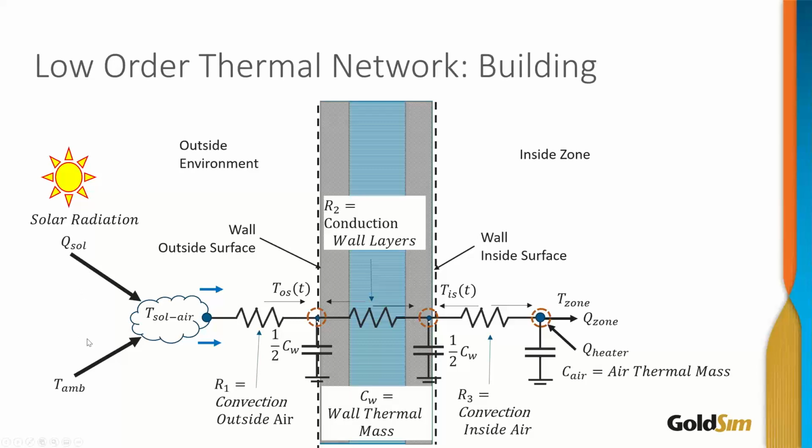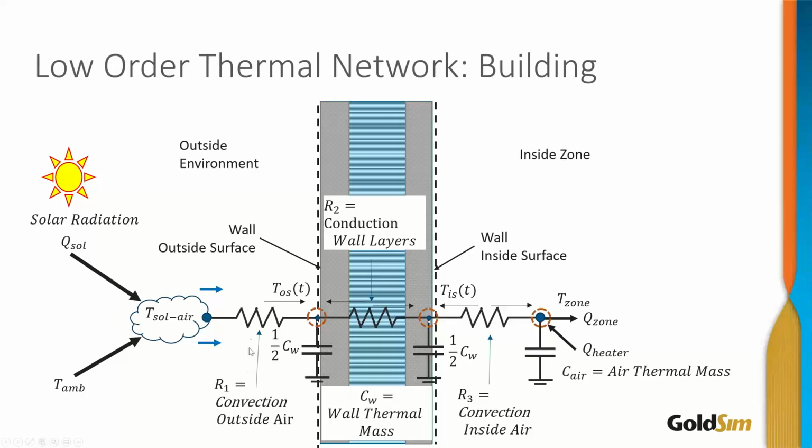We are going to combine these into an effective solar air temperature. This calculation method is common for heating and cooling load for building applications, and it gives us an effective temperature that incorporates the input energy from the sun.